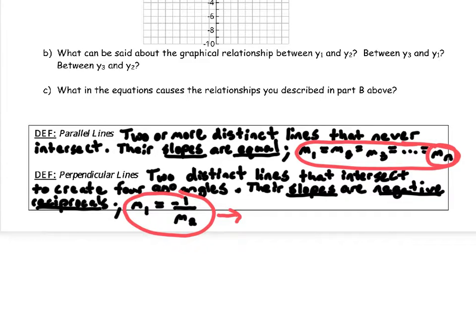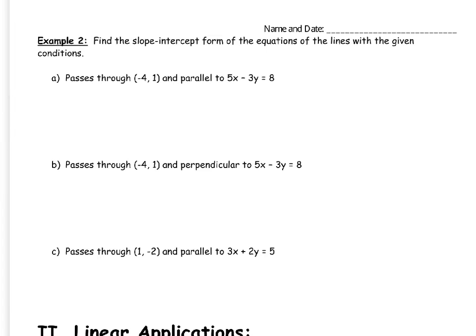So suppose the slope of my first line was 3. Well, according to this, the slope of the perpendicular line would have to be -1 over that 3. So notice what happens. Reciprocal is a fancy word for flip. So notice the slopes will be flipped. One will be negative and one will be positive.